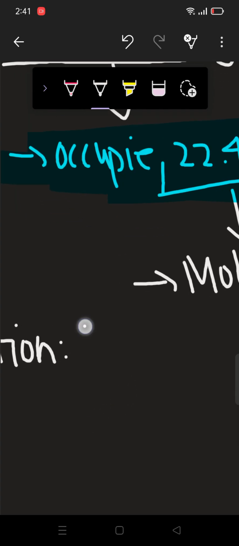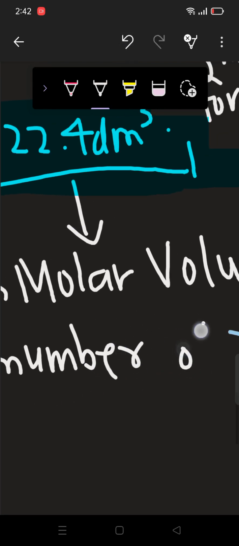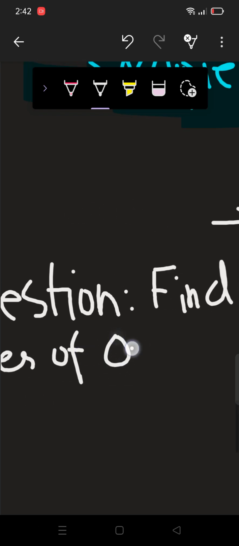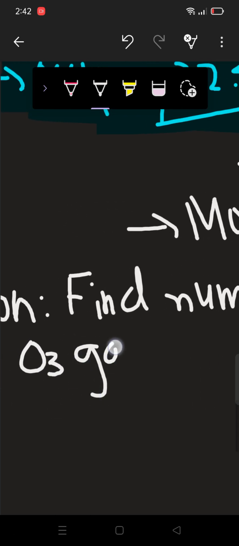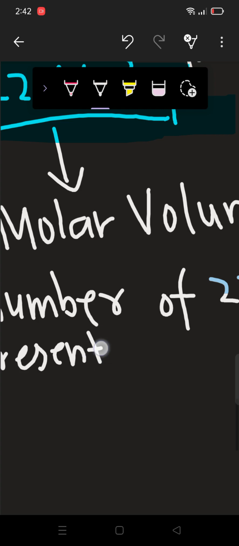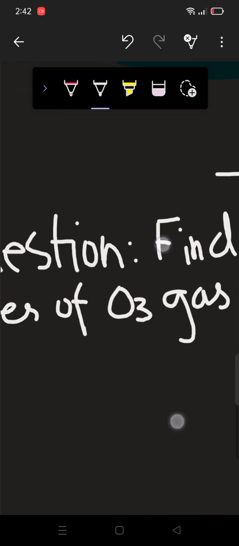So the question is, find number of moles of O3, which is basically ozone gas, present in 5.6 dm cube, meaning decimeter cube, of O3 gas at STP.